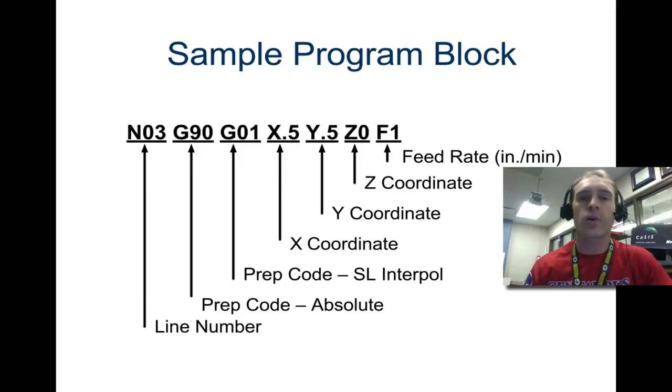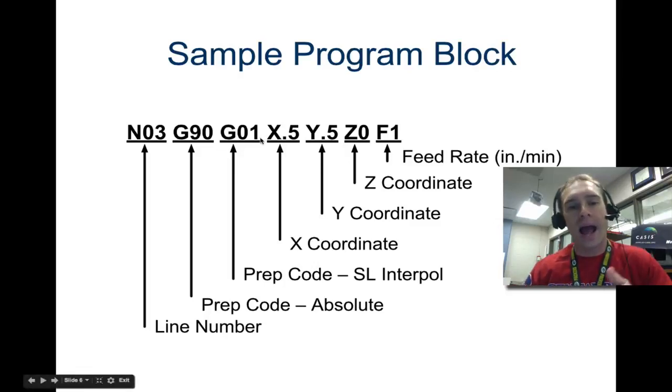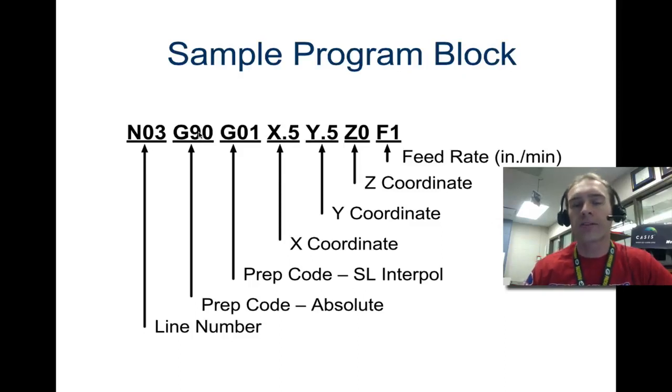So the center of the coordinate graph plane is 0, 0. If you want to move over a half an inch and up a half an inch, then you would type in X.5, Y.5. So G90 just tells you use the actual coordinates on the graph paper. Relative or incremental is a little bit different, and I'll get to that later.